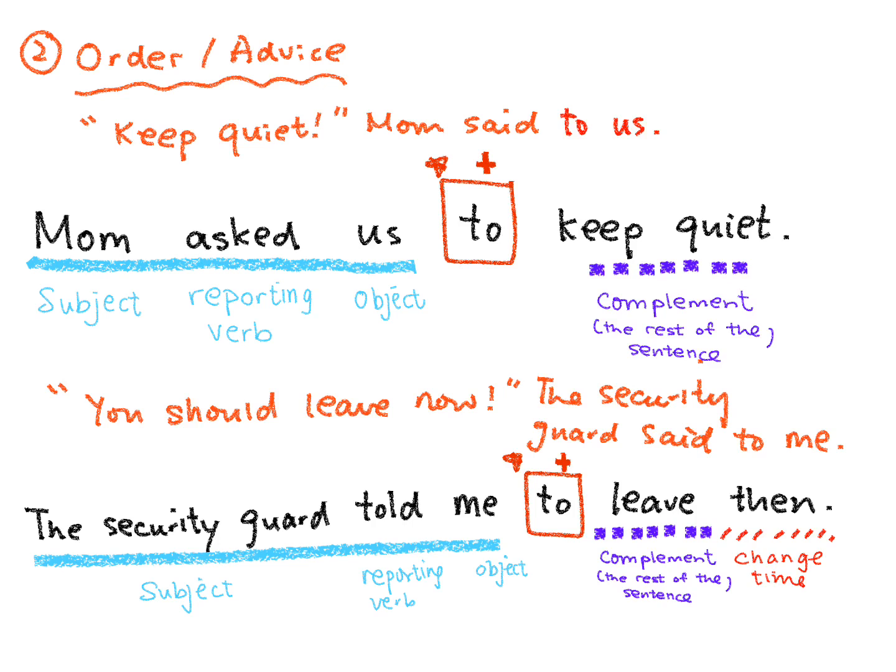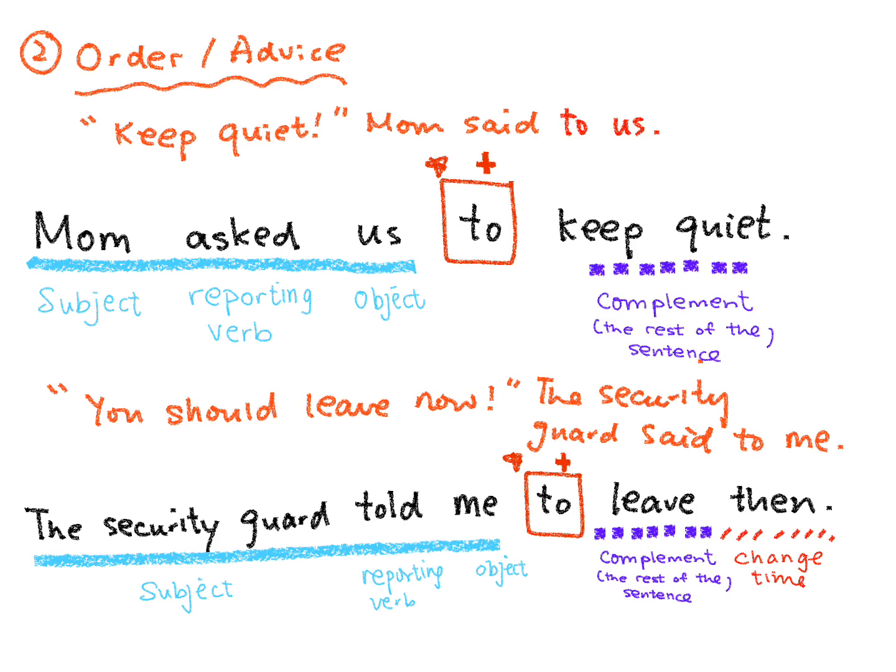Because of to, we don't need to change the tense of the verb. Because to is normally followed with an infinitive, okay? No s, no es, no ing, nothing, no change, okay? Let me repeat this sentence one more time. Keep quiet, Mom said to us. If you want to change this into indirect speech, it will be Mom asked us to keep quiet.